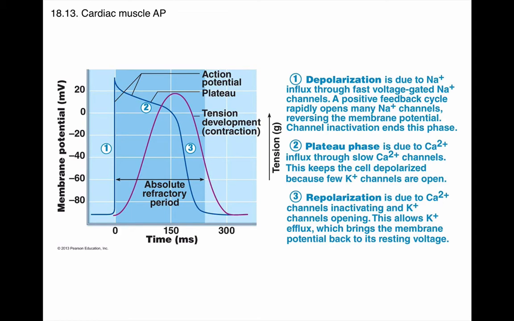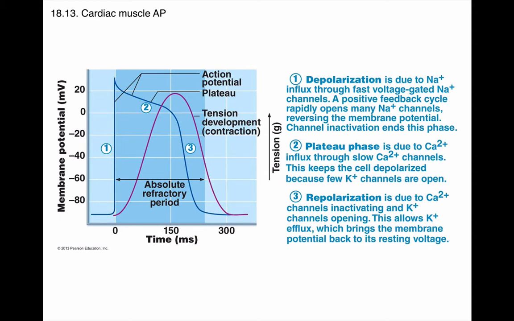And also notice, the cardiac muscle fiber has a long refractory period, a long period of time during which you're not able to start a new action potential. Now, this is important because what we don't want from a cardiac muscle fiber is tetanus. You recall that tetanus is that maximally sustained contraction that we see in skeletal muscle fibers.